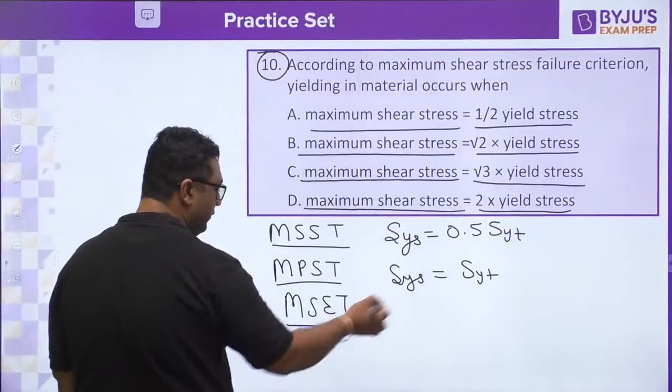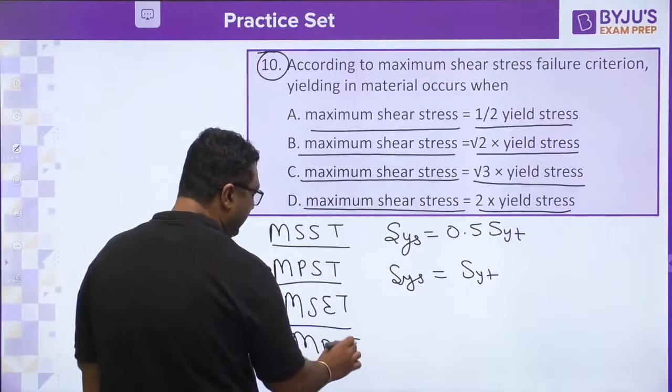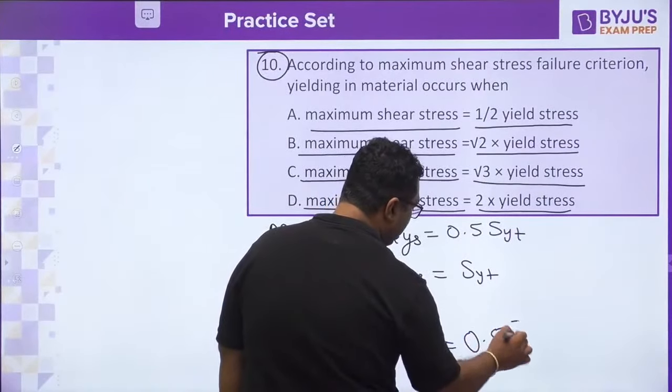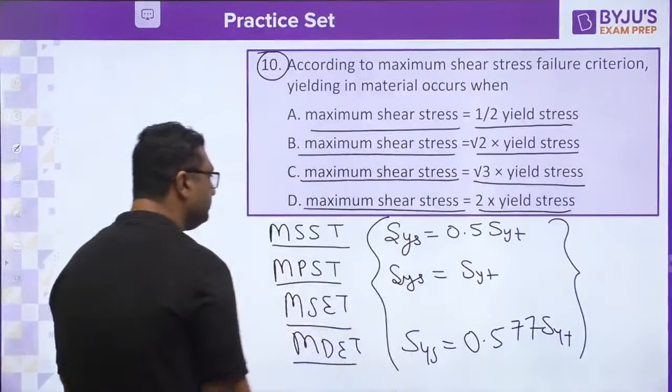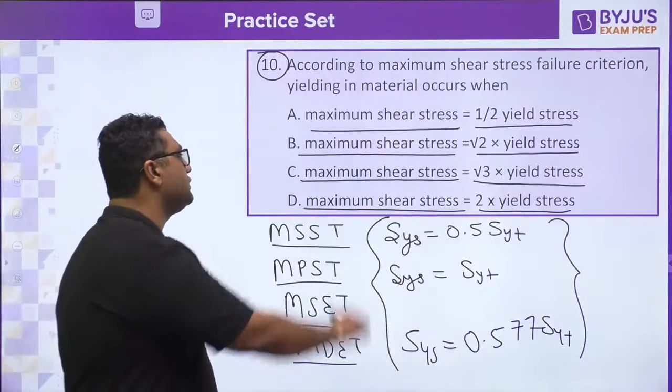MSCT, you will get it in terms of mu. MDET, 0.577 times SYT. So the answer is going to be A.